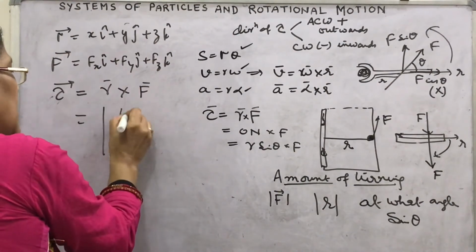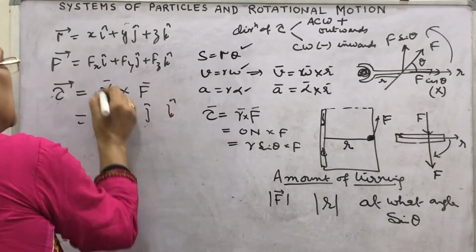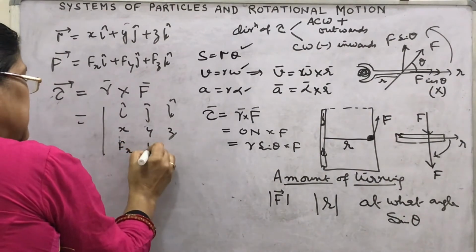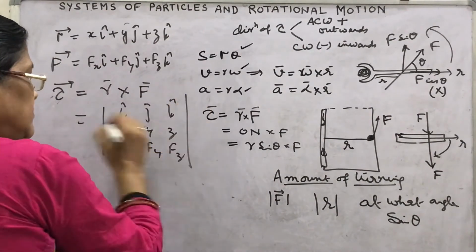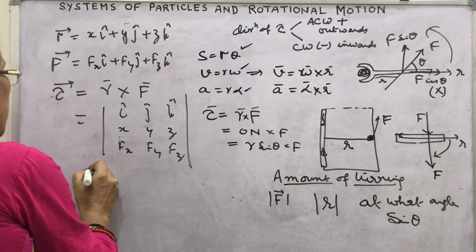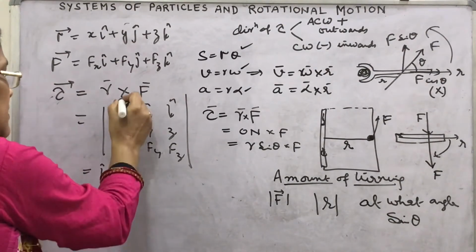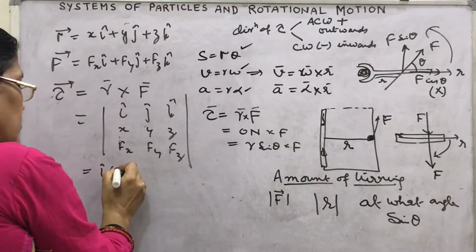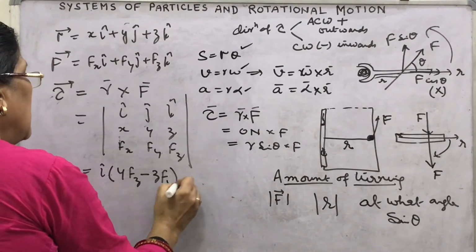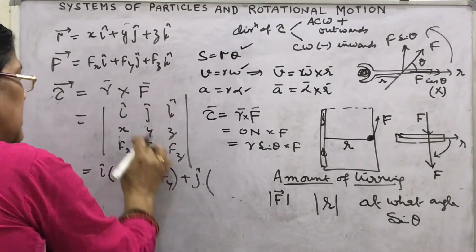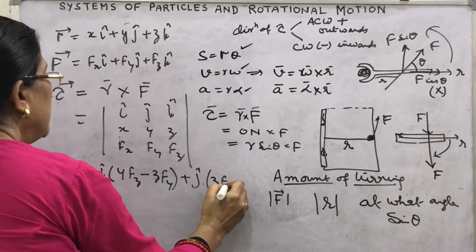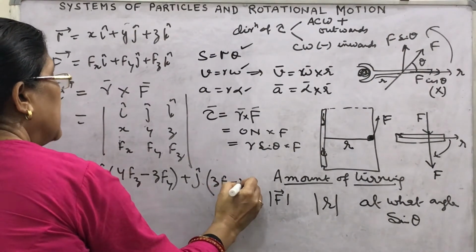Then how will you write this i, j, k? You know the cross product. For r you will write x, y, z. For F you will write fx, fy and fz. You will find the cross product, and you will get i cap, this row and column will be missing, then y into fz minus z into fy, plus j cap, then this row and column will be missing, then this time you will find z into fx minus x into fz.